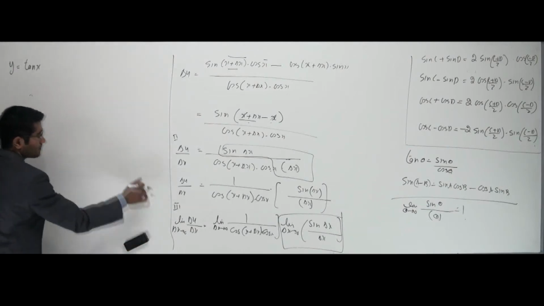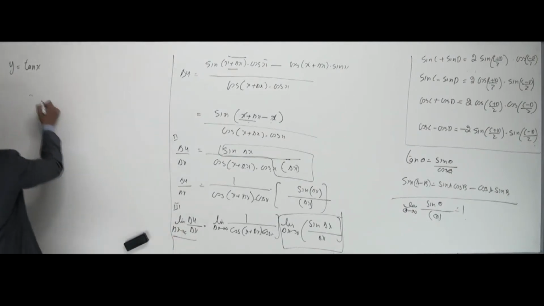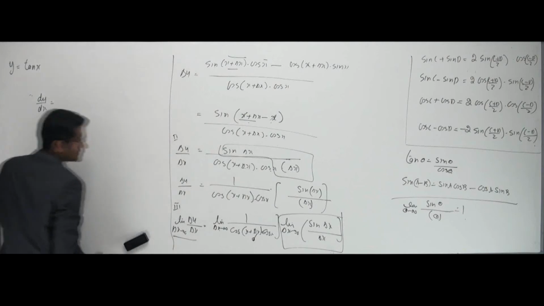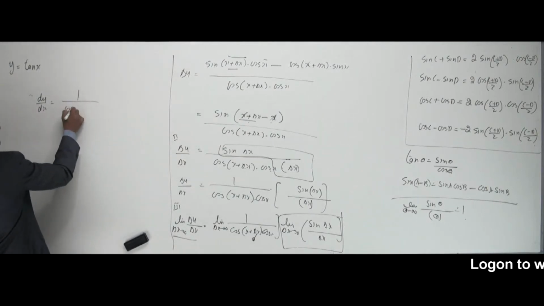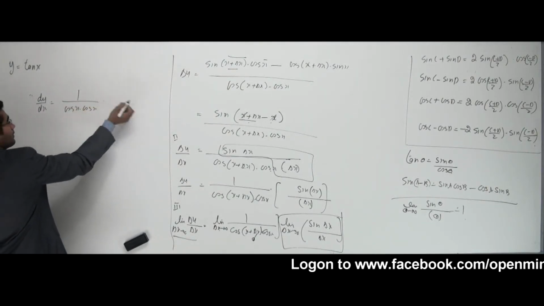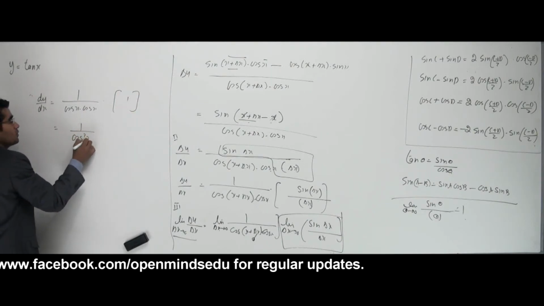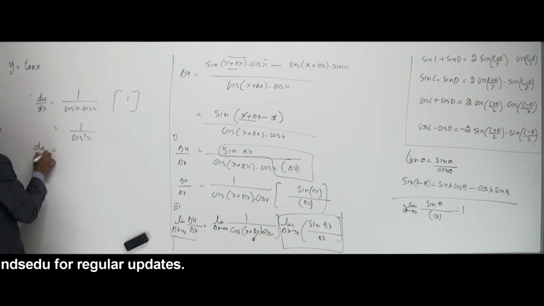What do we have right now? If I apply limits, the left hand side becomes dy by dx. In the right hand side I can apply limits. Delta x is 0 at this point. So I get 1 by cos x into cos x, and the whole thing there will become 1. So I get 1 by cos squared x, and that is dy by dx.